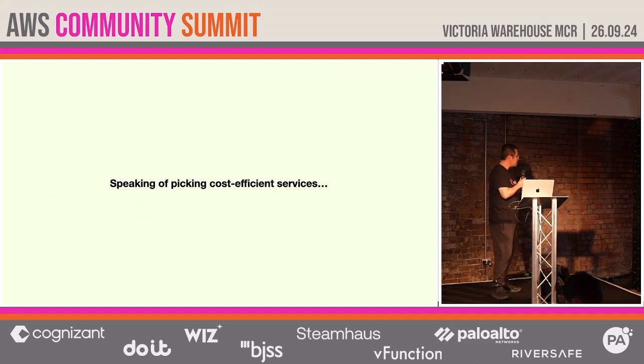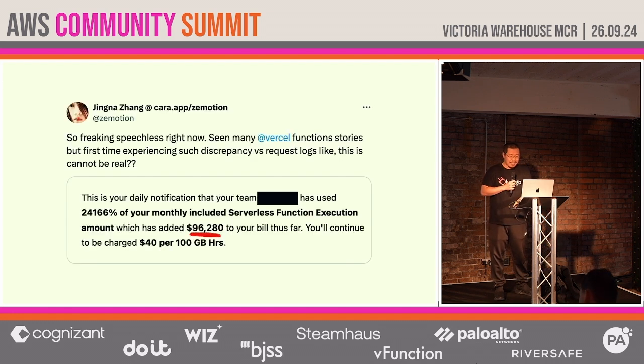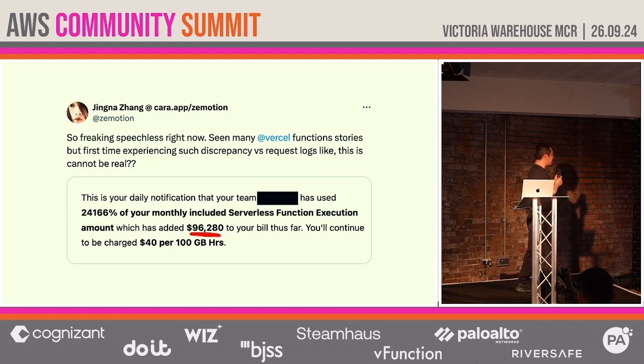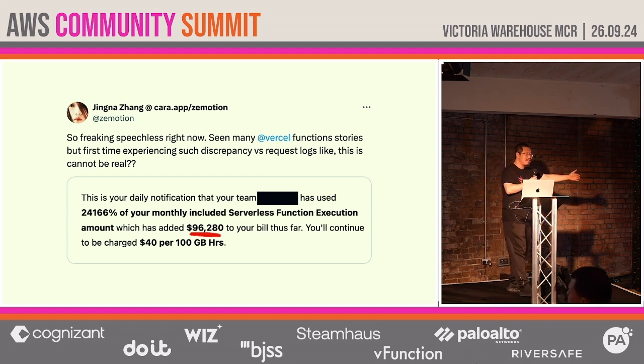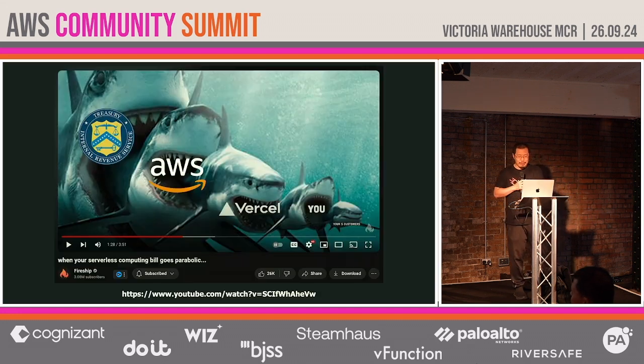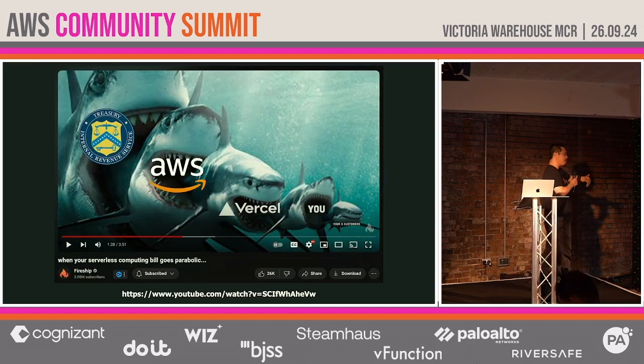And speaking of picking cost-efficient partners, does everyone remember this? This blew up just a couple of weeks ago. Some social network entirely funded by volunteers went from 0 users to 500,000 daily active users, and then Vercel sent them a $100,000 bill. I guess the good news is that they were able to scale, right? It's very scalable. Bad news is that Vercel has this massive overage cost because they are building on top of AWS.